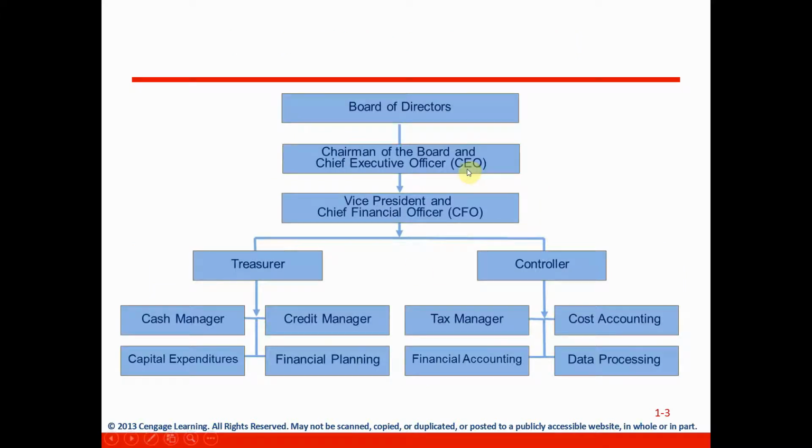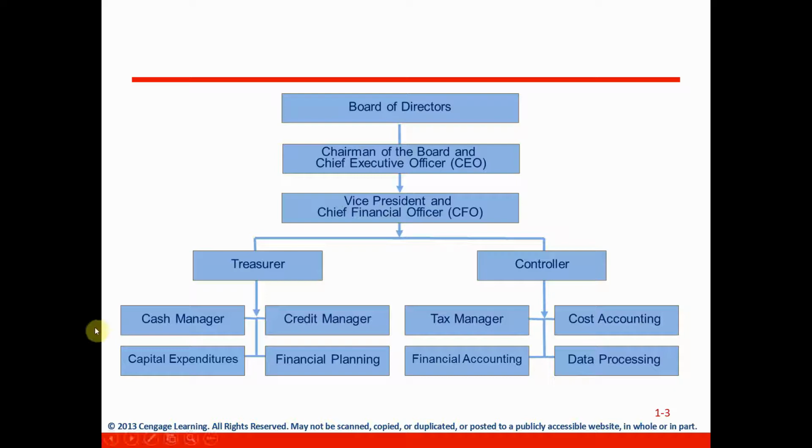All right. If we take another closer look, from the board of directors, you've got a CEO, you've got a CFO. Then we further divide the CFO's job into two parts. The first part is the treasurer's office, and the other part is the controller. The treasurer basically is in charge of spending money and receiving money.